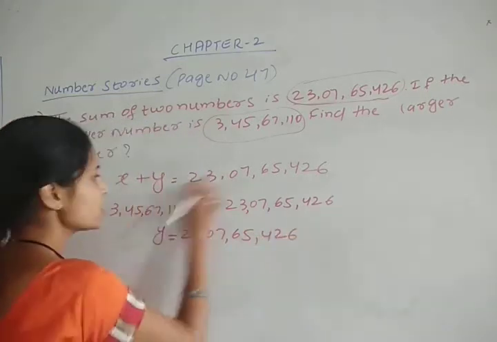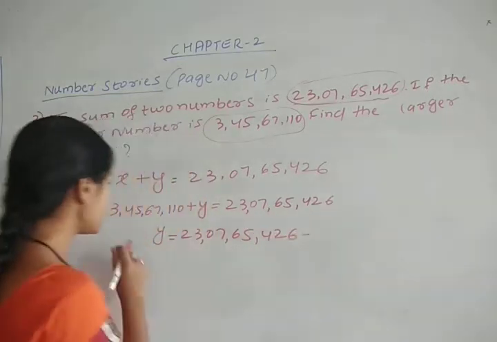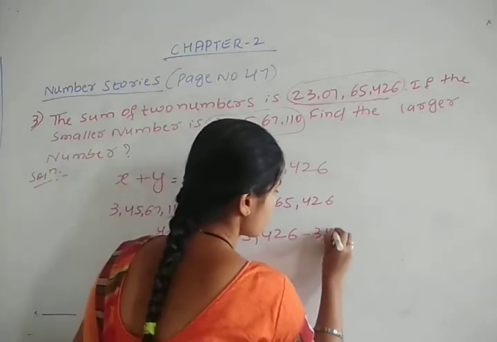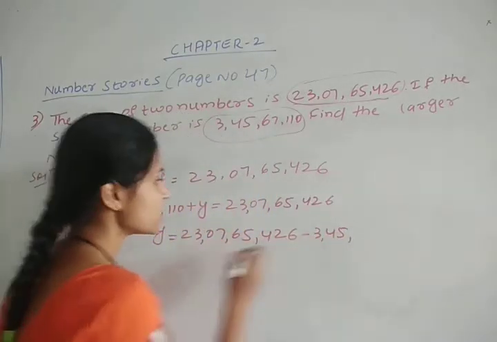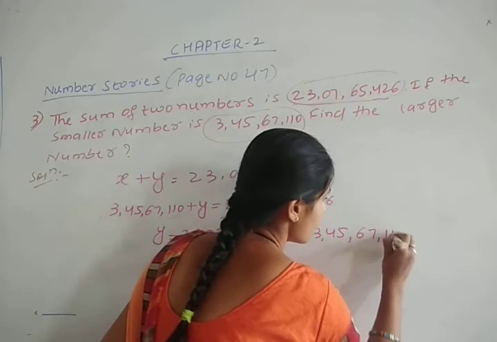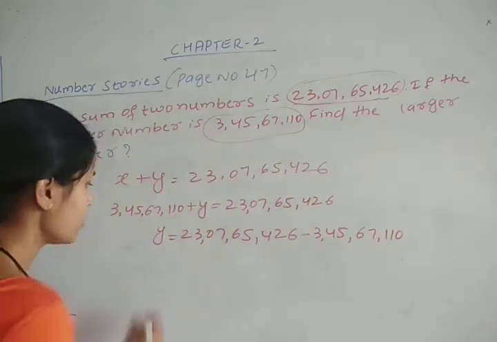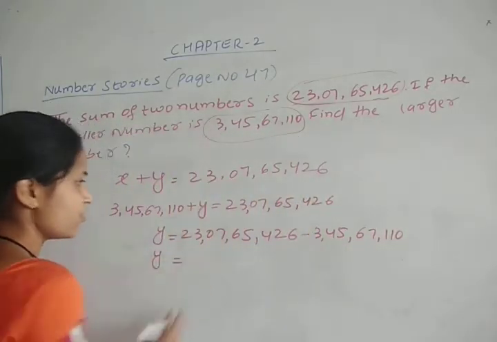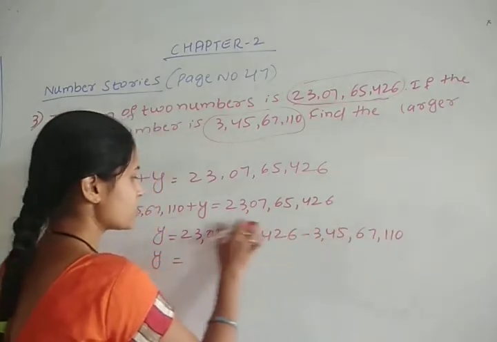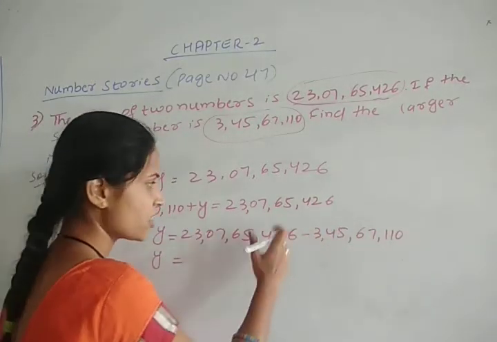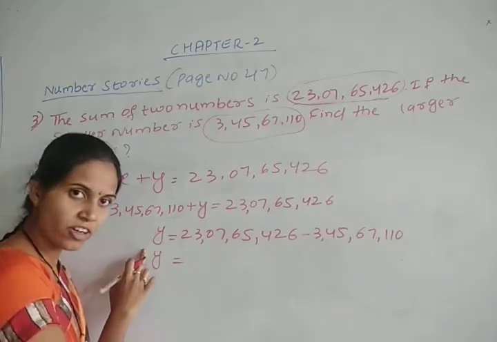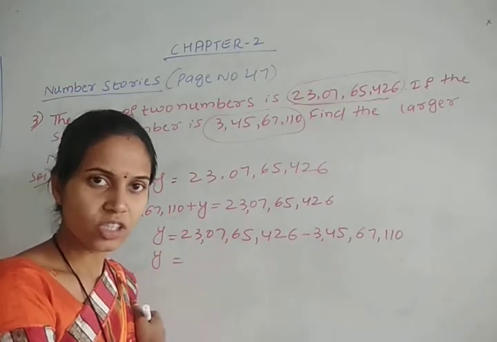If it comes to this side, I can write it as minus 3 crore 45 lakhs 67,110. So if I subtract this value from this sum of two numbers, I will get the value of y, which is the value of the larger number.